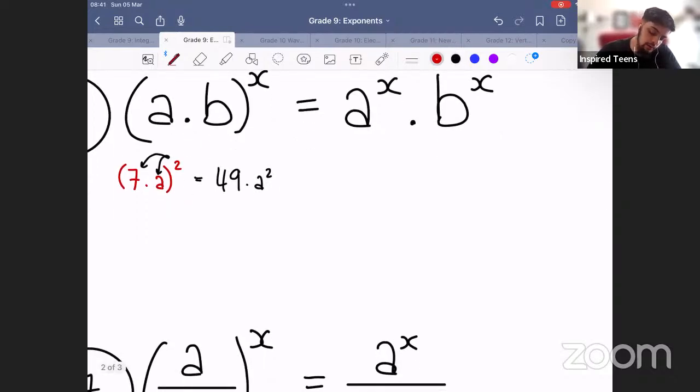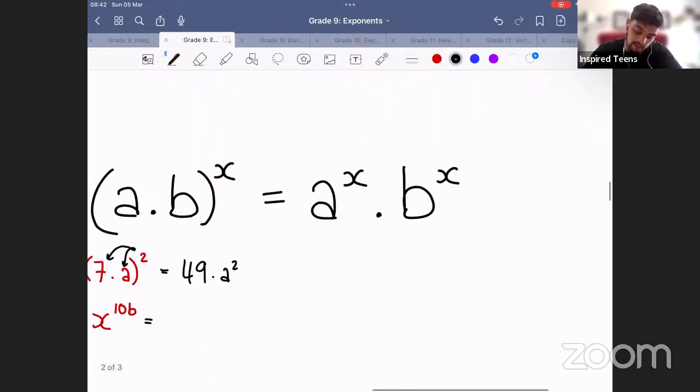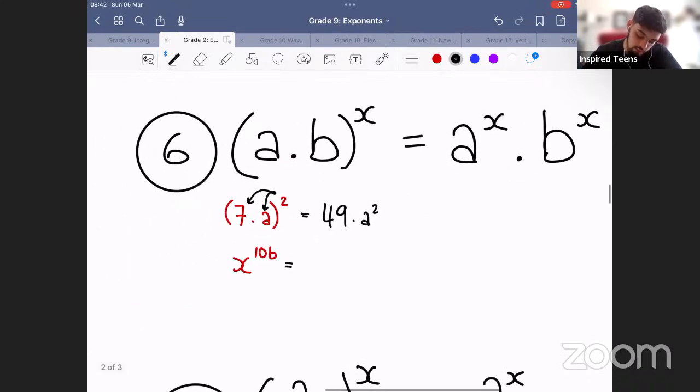Okay, what if I had to do it backwards? If you're doing it backwards, just say you have x to the power of 10b. This can be written as, I can split it. Remember, it's 10 times b. It's like having, wait, no.